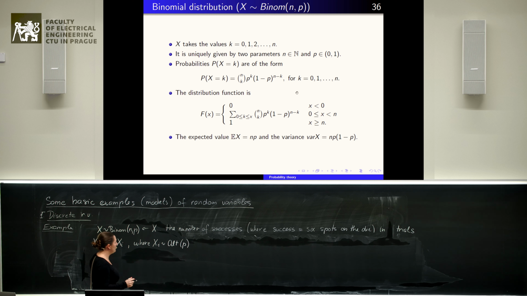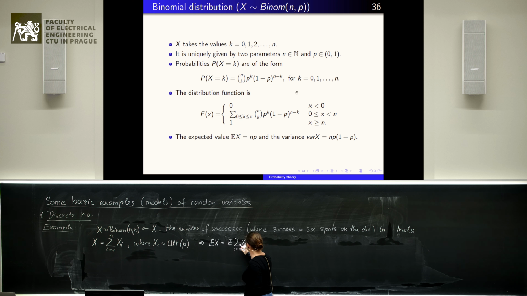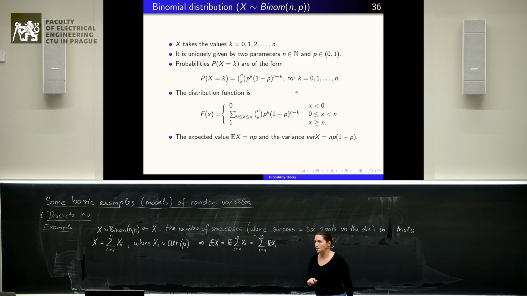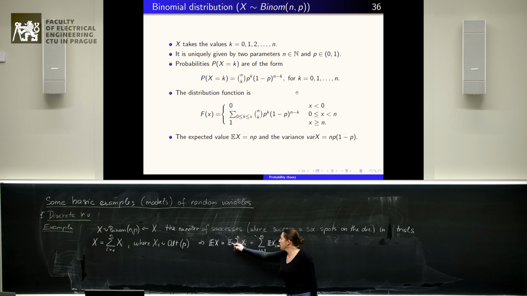And then we know that the expected value of X, which is the expected value of the sum of Xi, is equal to the sum of expected values, because the expected value of a sum of random variables is the sum of their expected values.